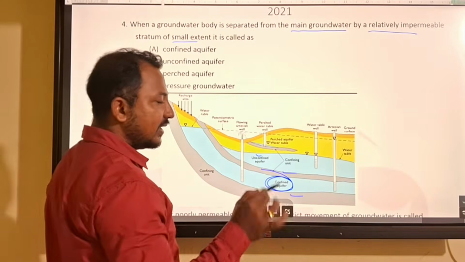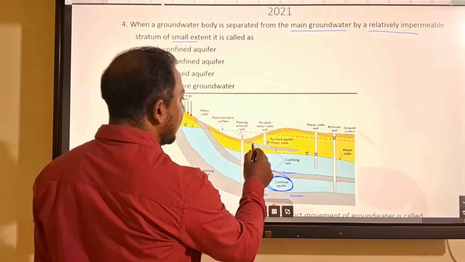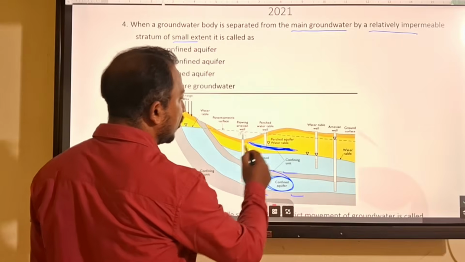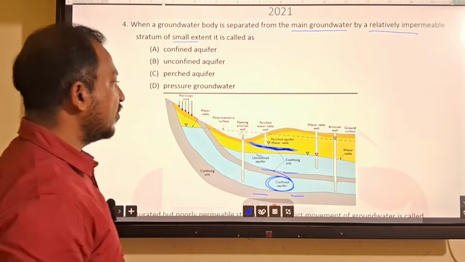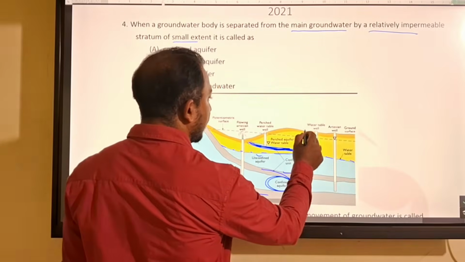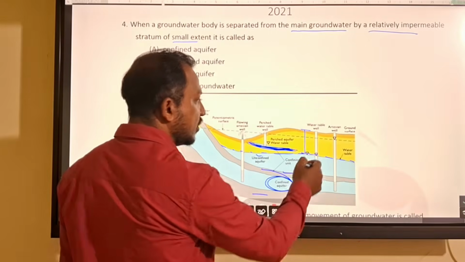Then in some regions you will find clay beds or impermeable strata within the zone of aeration, because this will be our water table. This region I have discussed is your zone of aeration.